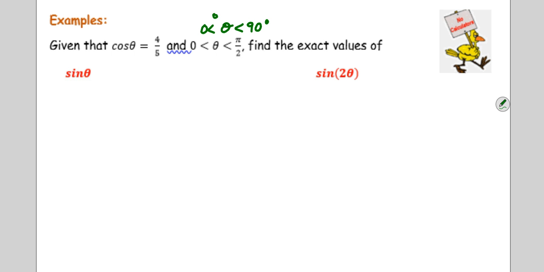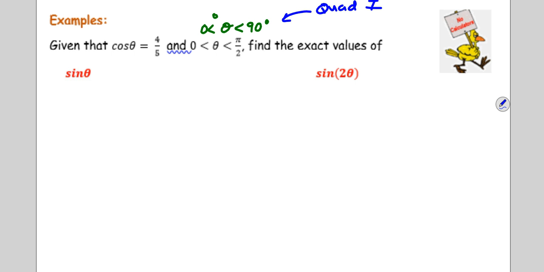What quadrant is that? Quad 1. Given that cos theta is 4/5, does that make sense? It's quadrant 1, so cos theta is positive. That's why they've got a positive answer. If they wrote negative, it's probably because it's in quad 2 or quad 3. So find the exact value of sine theta.